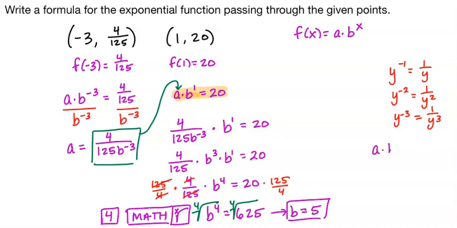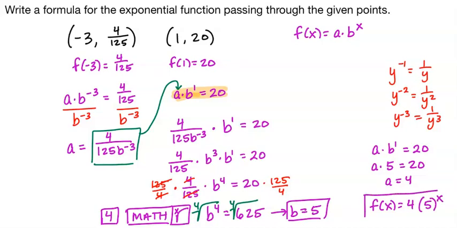Now we know that b is equal to 5, so 5 to the first is equal to just 5. Dividing by 5, we get that a is equal to 4. So our function would be f(x) is equal to 4 times 5 to the power of x. You could check graphically that this graph really does go through the points (1, 20) and (-3, 4/125).